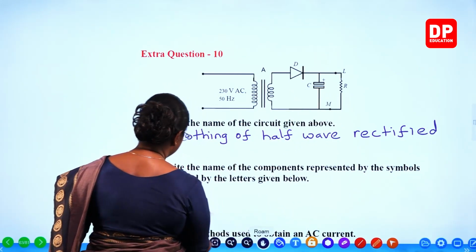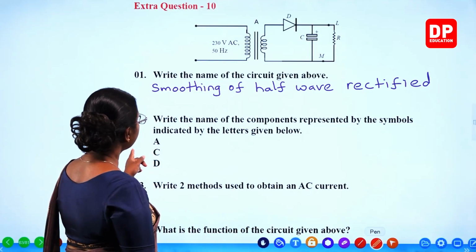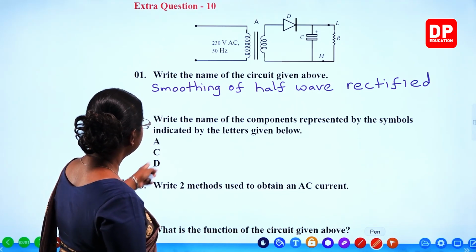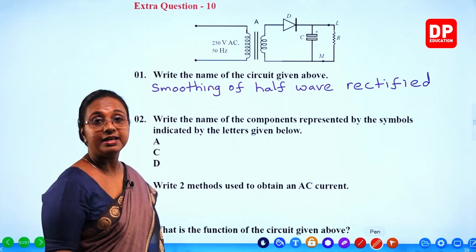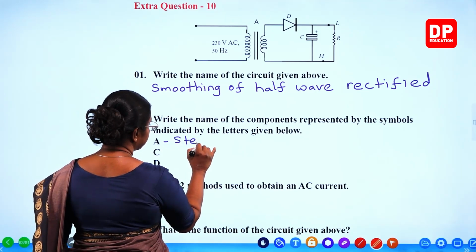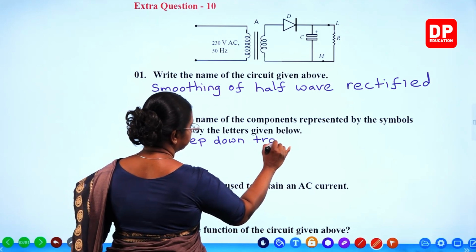Then the second part of the question, write the name of the components represented by the symbols indicated by the letters given below. A, what is A? It is a step-down transformer.